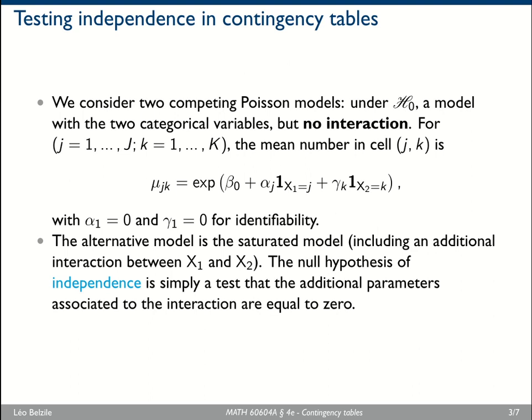I am including for the mean an intercept, beta naught, and each of the categorical variables, if I'm putting the main effect only, so additive, has J minus 1 and K minus 1 parameters, one for each of the different effects. Okay, so we fixed basically one less parameter per categorical variable than the total number of levels.